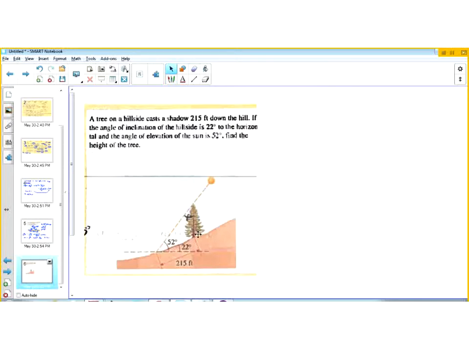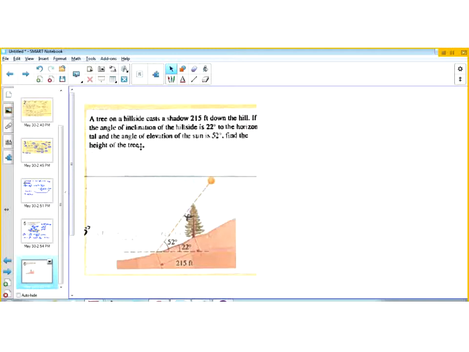Okay, so in this problem, a tree on a hillside casts a shadow 215 feet down the hill. If the angle of inclination of the hillside is 22 degrees to the horizontal, as shown in this illustration, and the angle of elevation to the sun is 52 degrees, find the height of the tree.